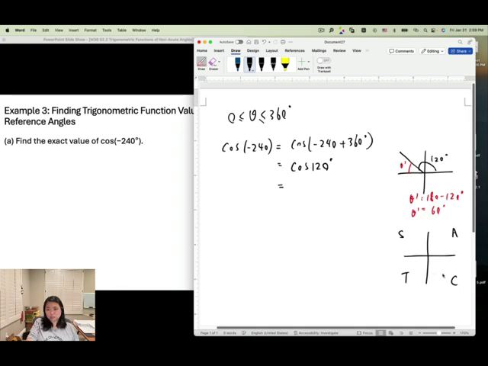The last quadrant here, cosine and secant will be positive. Right now, my theta is located in quadrant 2. So cosine in quadrant 2 will be negative. So cosine 120 will be equal to negative cosine of the reference angle, which is 60 degree.